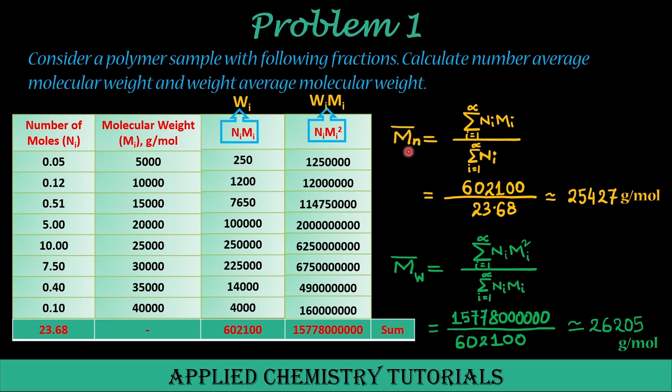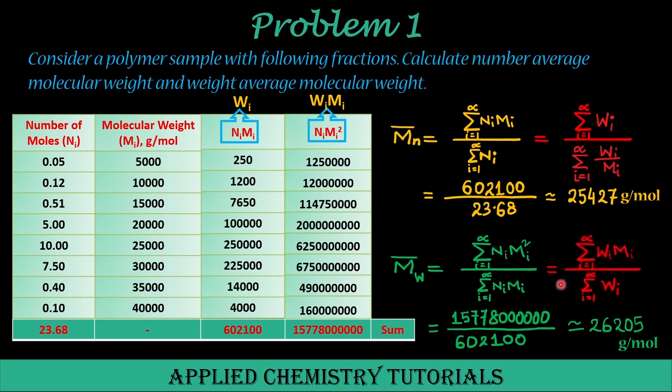So this Mn bar expression will now turn into summation of Wi from i equal 1 to infinity divided by summation of Wi over Mi from i equal 1 to infinity. And the Mw bar expression will be summation of Wi multiplied by Mi from i equal 1 to infinity divided by summation of Wi from i equal 1 to infinity. You can get the Wi value, Mi value and Wi Mi value, everything from this table. You just have to rewrite the expression.